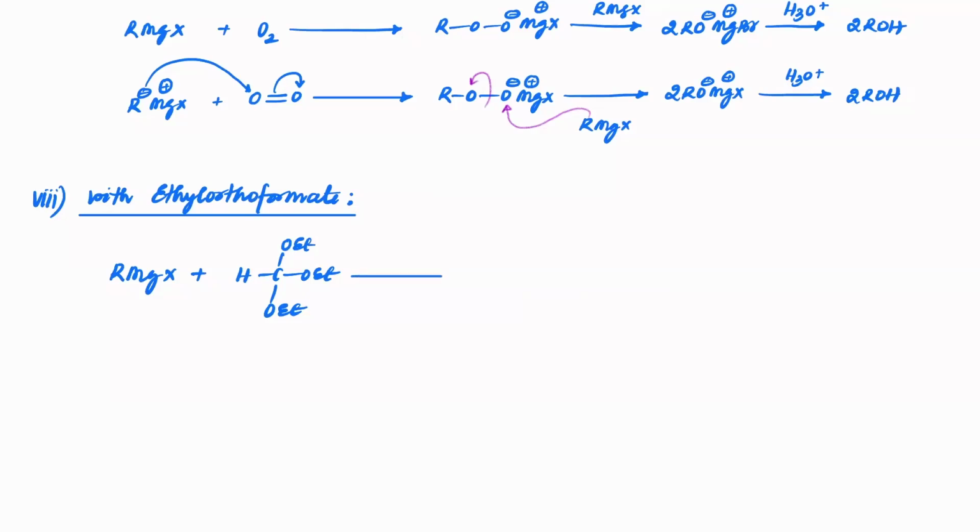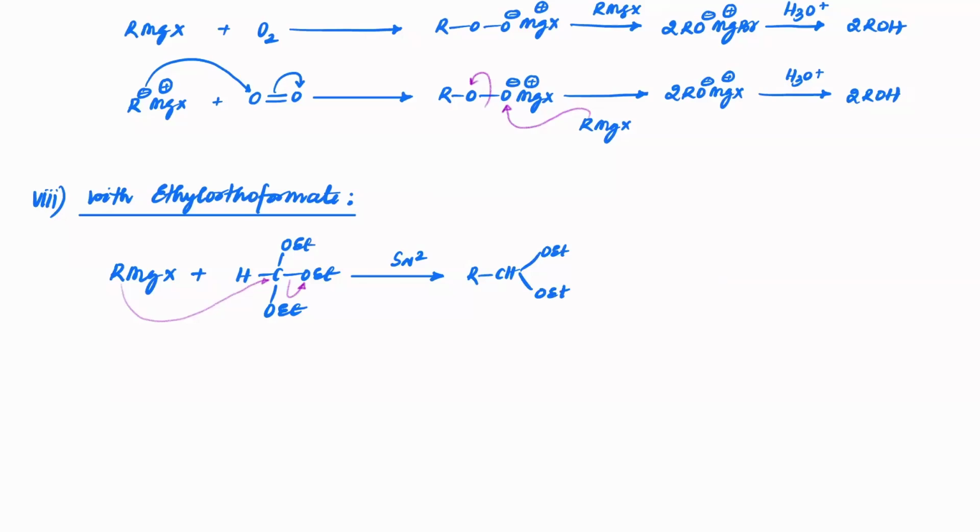So the first step is going to happen via a typical SN2 mechanism, where this R minus will try to attack the sp3 carbon, relieving one OEt. So that will make it RCH with OEt and OEt.